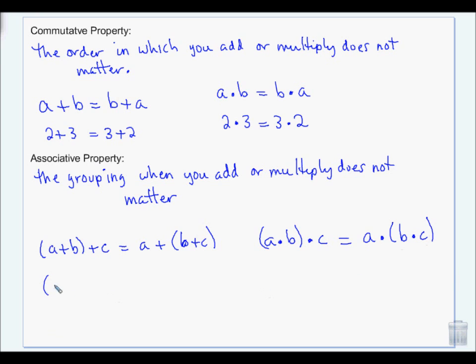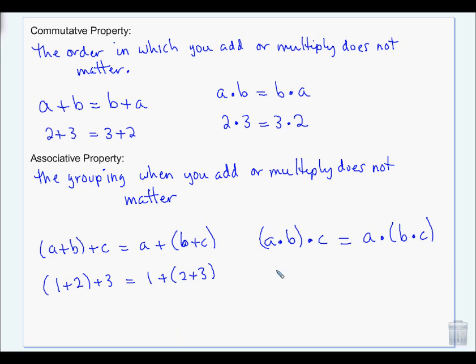Example of that. Here I have 1 plus 2 is 3, and then I'm going to add 3 to it, and that gives me 6. Or here I have 1, and then I'm going to add it to 5, I get 6.